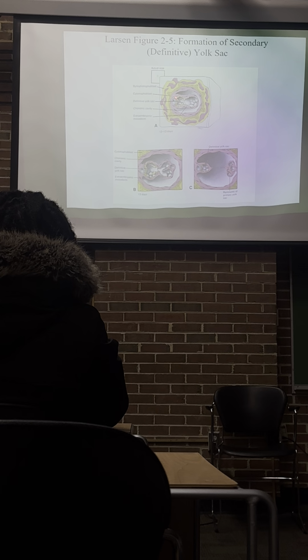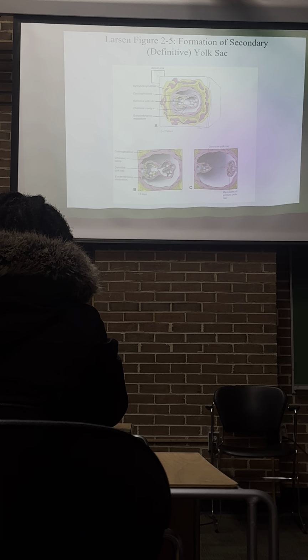And what they do is they push out the primary yolk sac progressively until they become these remnants of the primary yolk sac. And this is going to be at the abembryonic pole. This is the embryonic pole.